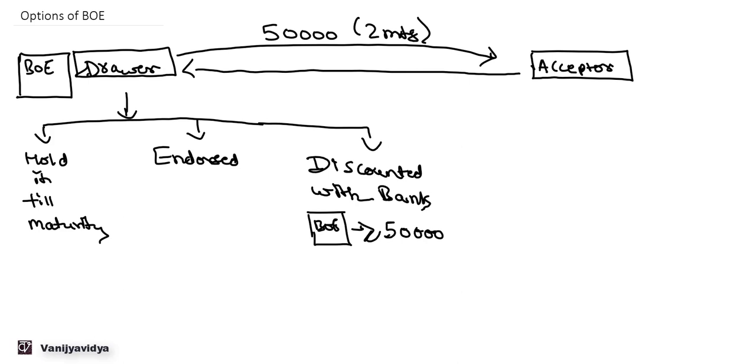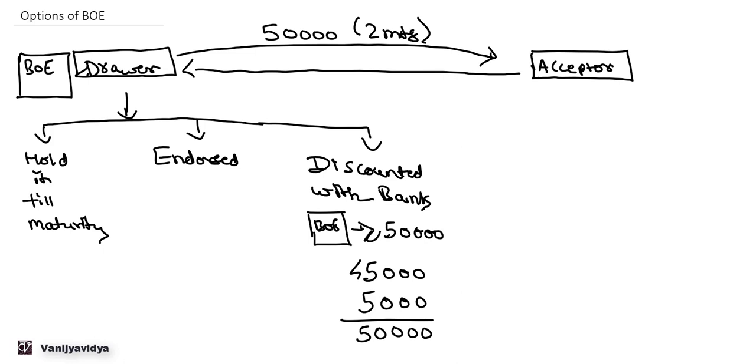So let's say that 45,000 is the amount that the bank will be paying to the drawer now, and 5,000 is the discounting charges that the bank has charged on the bill to make the payment immediately, and the total amount of the bill of exchange is 50,000.